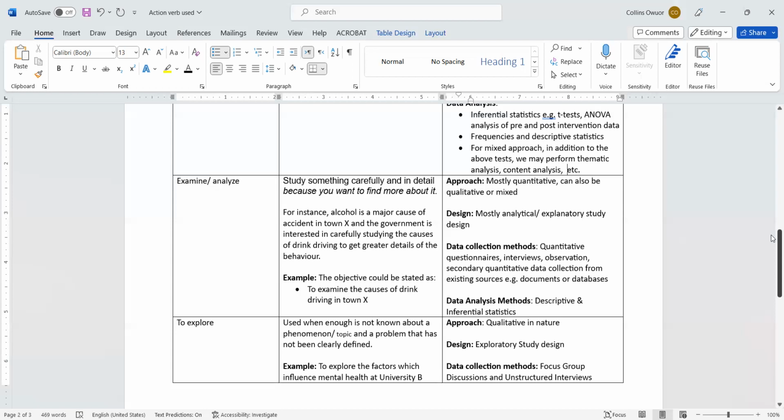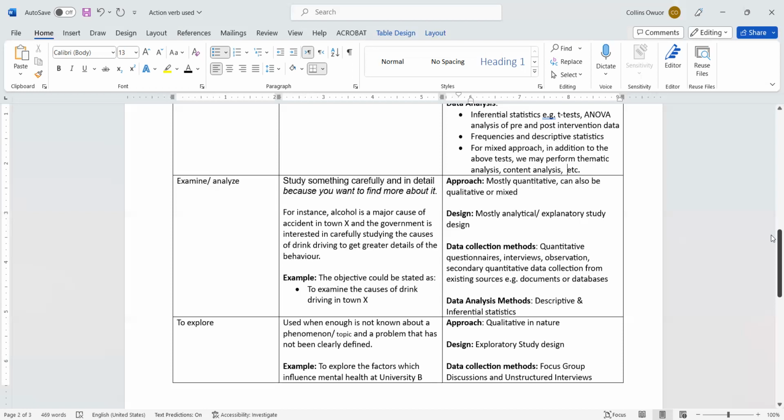Then we have the data collection methods for an objective that wants to analyze or examine. This could include quantitative questionnaires and interviews or observations. It could also be secondary data collection, from existing sources such as documents or databases.